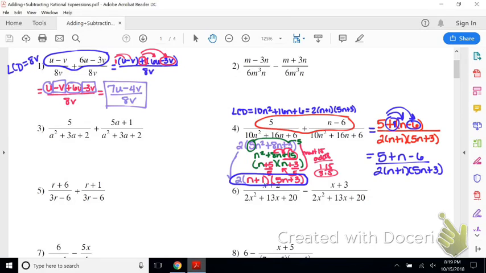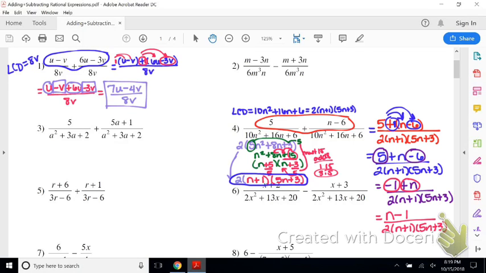Then we can combine like terms. 5 minus 6 is negative 1, plus n, over our least common denominator. Since all of my parentheses have n at the beginning, let's switch the numerator. We have a negative 1 and a positive n, so I'm going to switch the order: positive n first, negative 1 second, over that least common denominator.